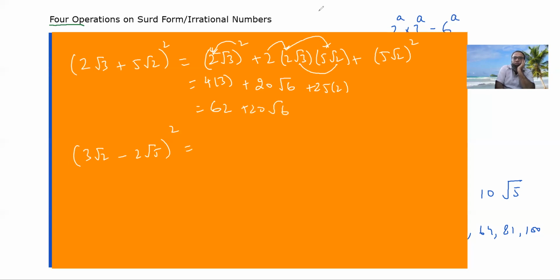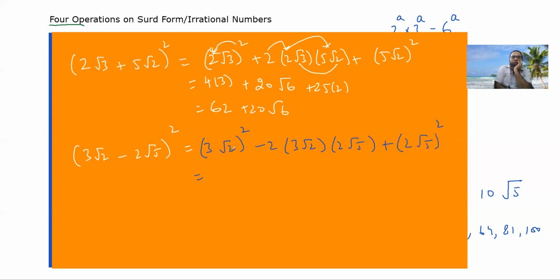Now try the next one. 3 under root 2 minus 2 under root 5 whole square. So this is 3 under root 2 whole square minus 2 into 3 under root 2 into 2 under root 5 plus 2 under root 5 whole square.